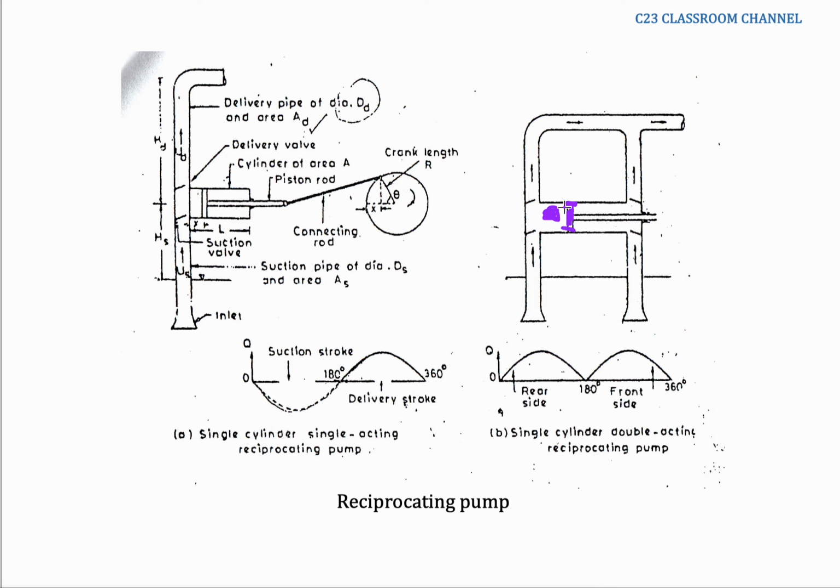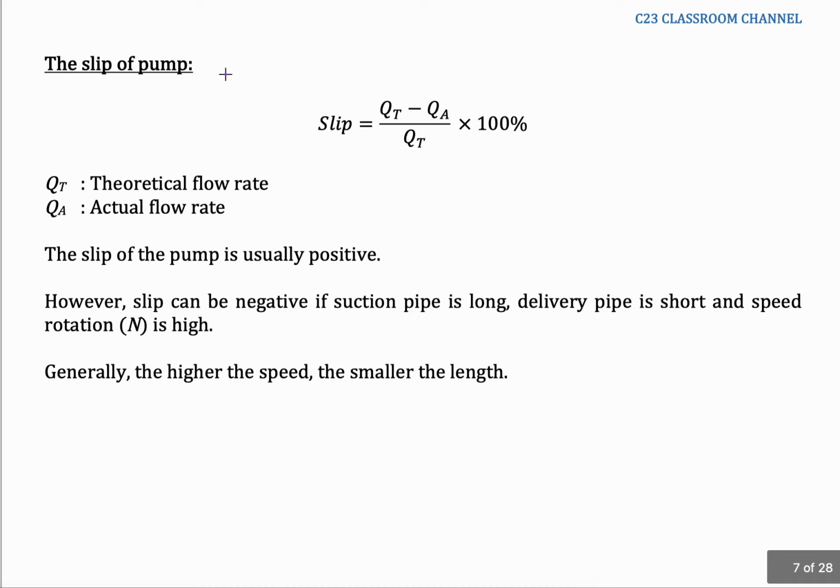If air can leak out from this gap, the vacuum will not perfectly occur. So the tolerance here, meaning the efficiency of this gap, gives us the slip of the pump.